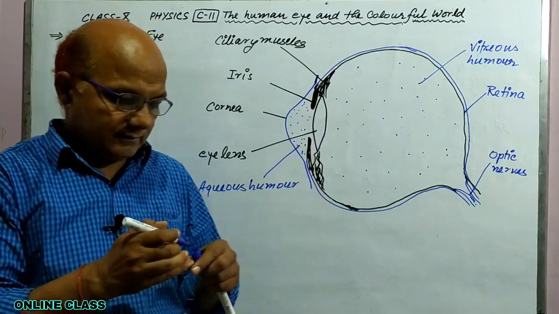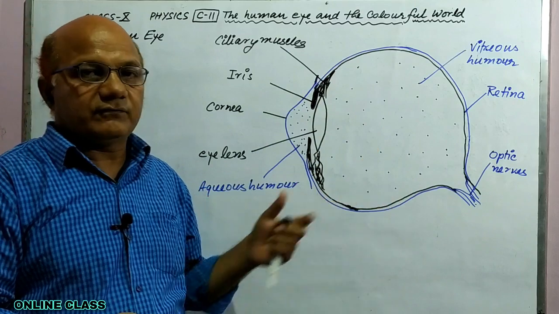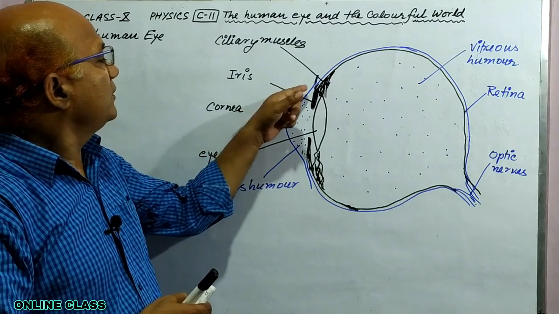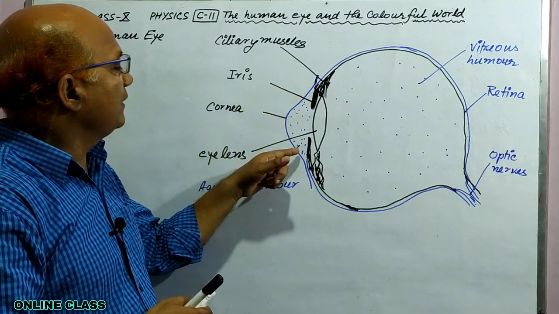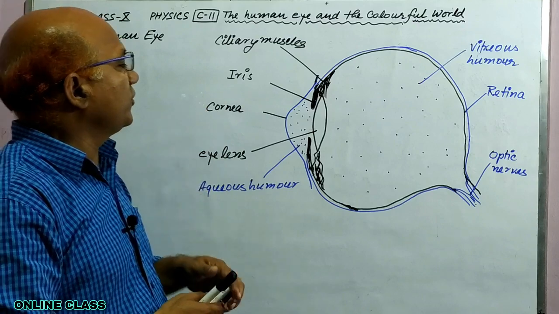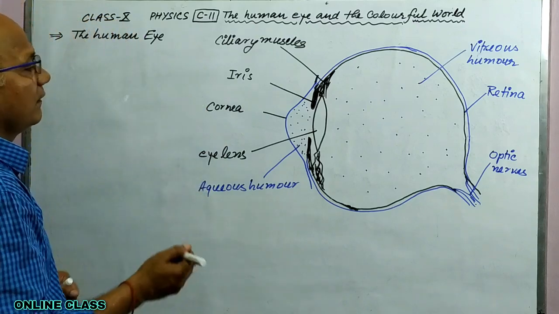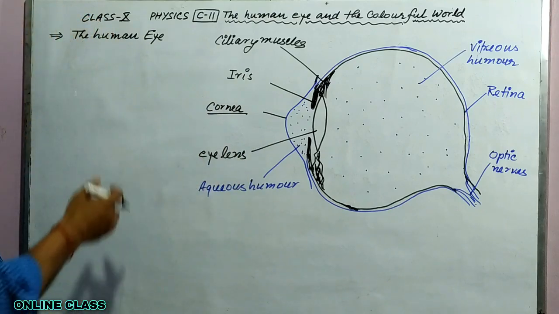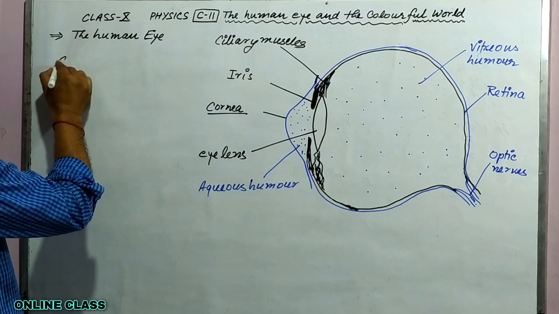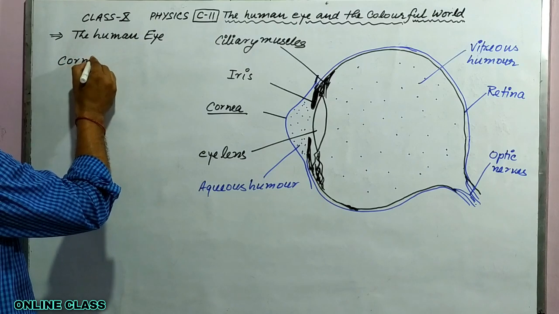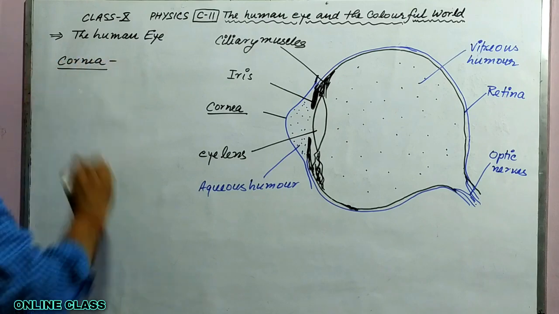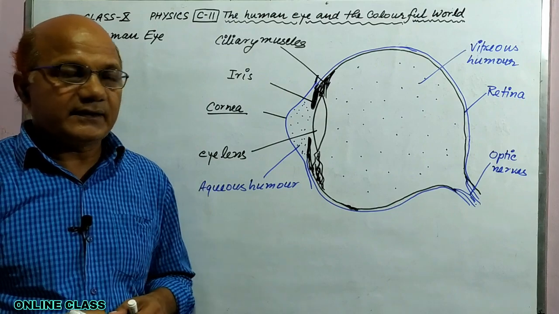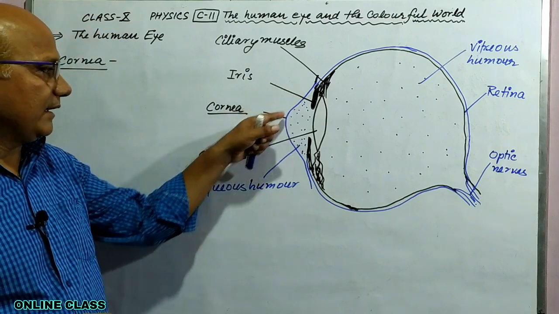Now you can see this is the structure of human eye, and in this structure this part which is bulging outward, this is cornea. So let us see what is the role of cornea. Cornea is actually a thin transparent membrane, and it is bulging out.